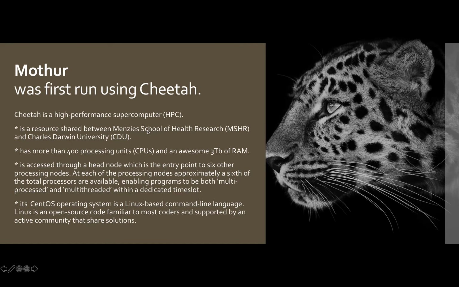I ran that using Cheetah, which is the high performance supercomputer that's a shared resource between Menzies and Charles Darwin. It has more than 400 processing units and a pretty powerful 3 terabytes of RAM, and it uses a Linux-based command line language system.